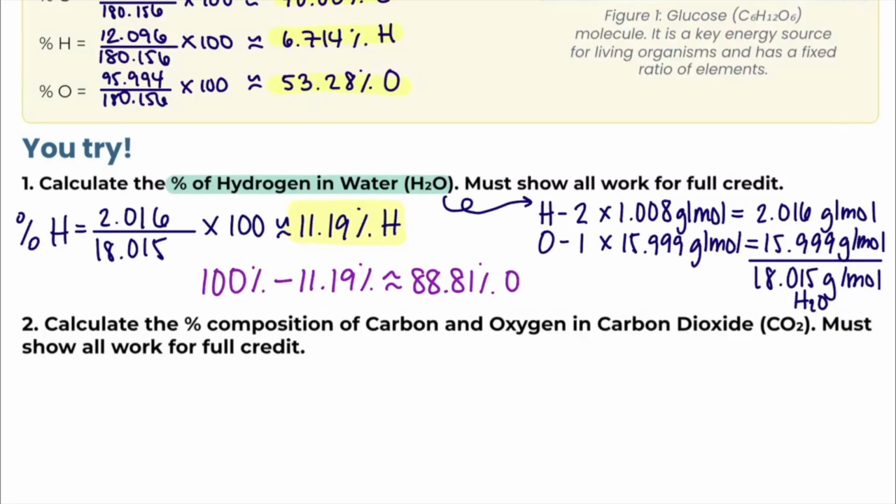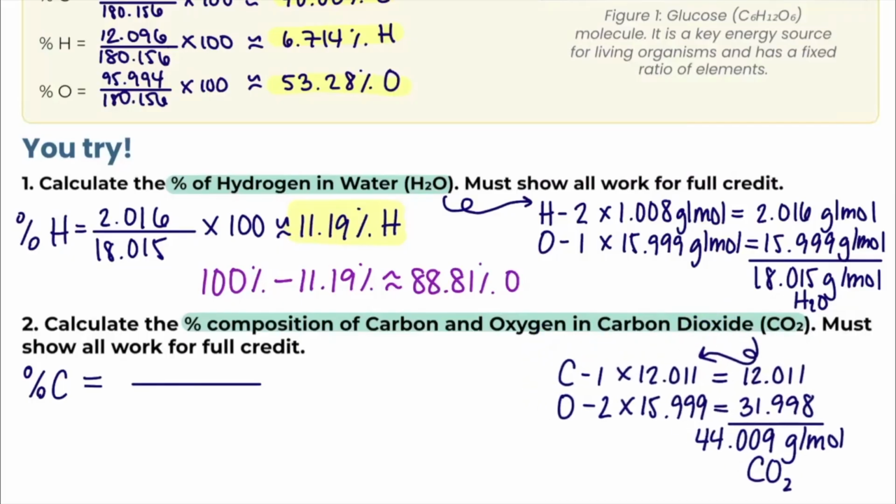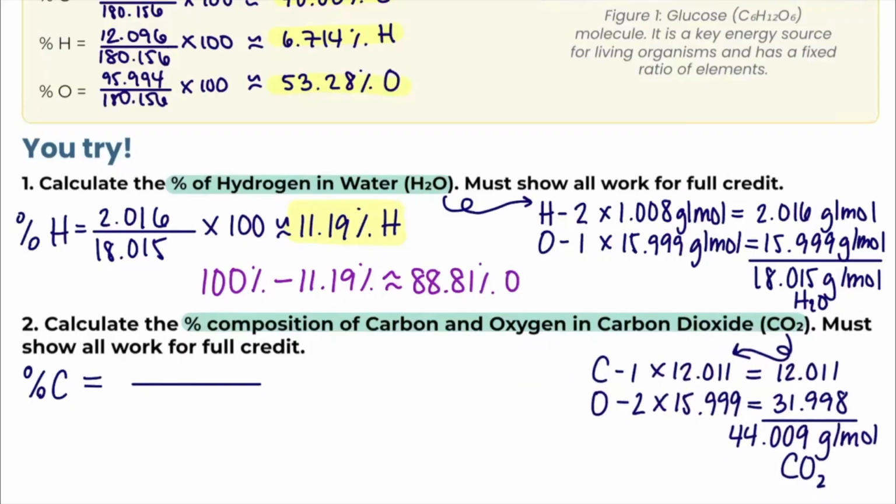Okay, and the last question, it's asking to find the percent composition of carbon and oxygen in carbon dioxide, or CO2. So you're going to do the same thing. For the percent of carbon, you have to find the mass of carbon present in CO2, which there's only one C present, so it's 12.011 grams per mole, and divide that by the total molar mass of CO2.